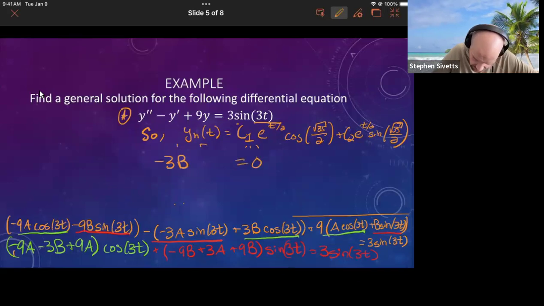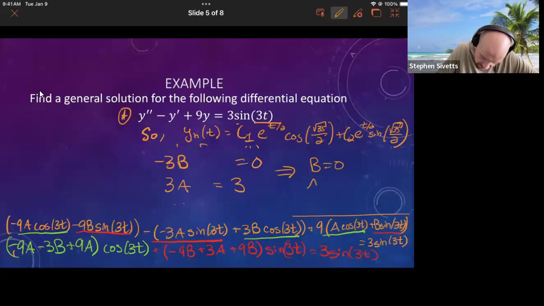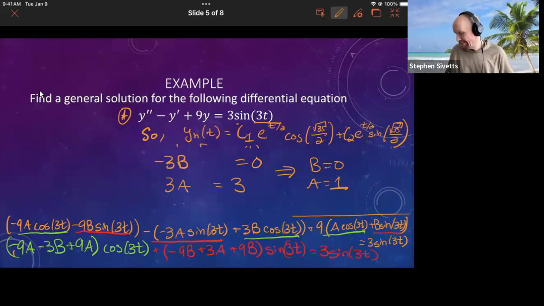If we match up the coefficients that correspond to the cosine and sine functions, we'll have minus 3b equals 0. And by equating the sine of 3t terms, we will have that 3a is equal to 3. So this says that b is 0 and a is 1. Okay? A is 1 and b is 0.